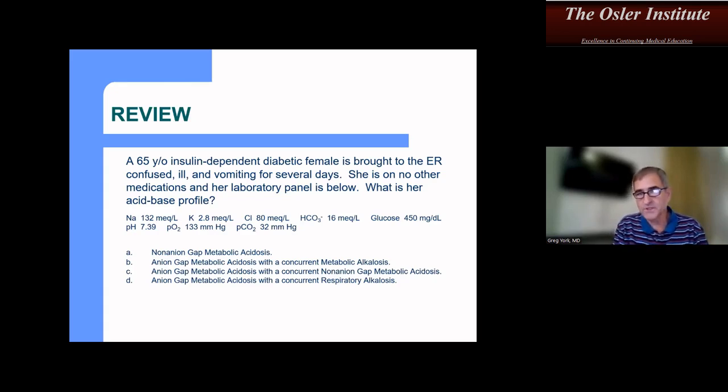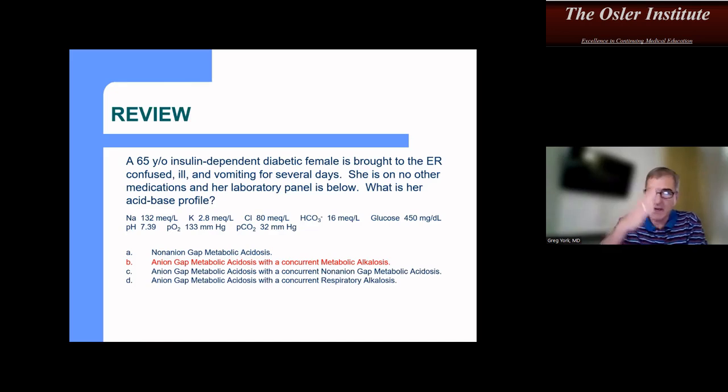But what we're seeing is that the bicarb should have gone down to 0 or minus 2, but it only went down to 16. So basically, we retained an excessive amount of bicarb on top of the anion gap acidosis that's going on, which would point us towards the patient having an anion gap metabolic acidosis with a concurrent metabolic alkalosis.